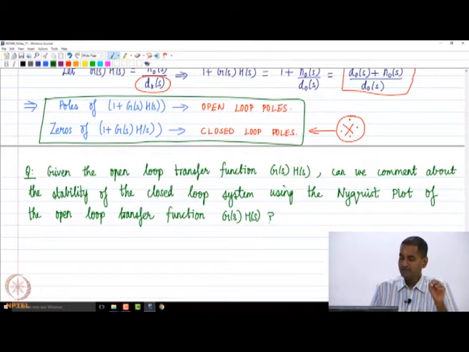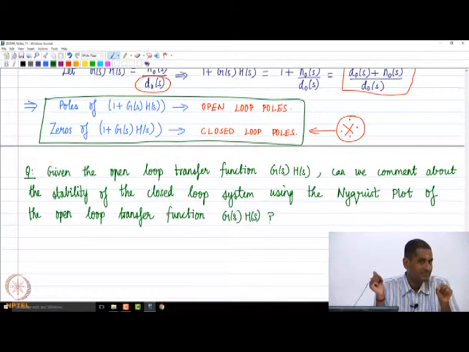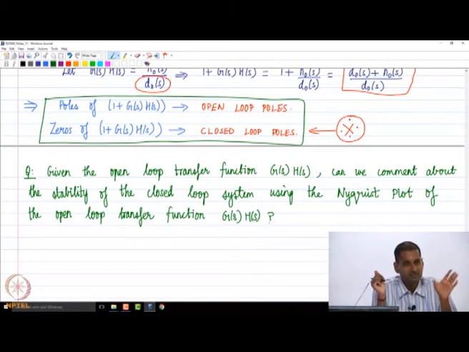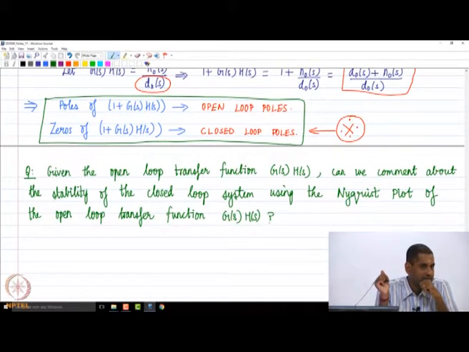Given the open loop transfer function, can we then use the Nyquist plot of G(s)H(s) to comment about closed loop stability? Of course the answer is yes. That's why we have the Nyquist stability criterion.